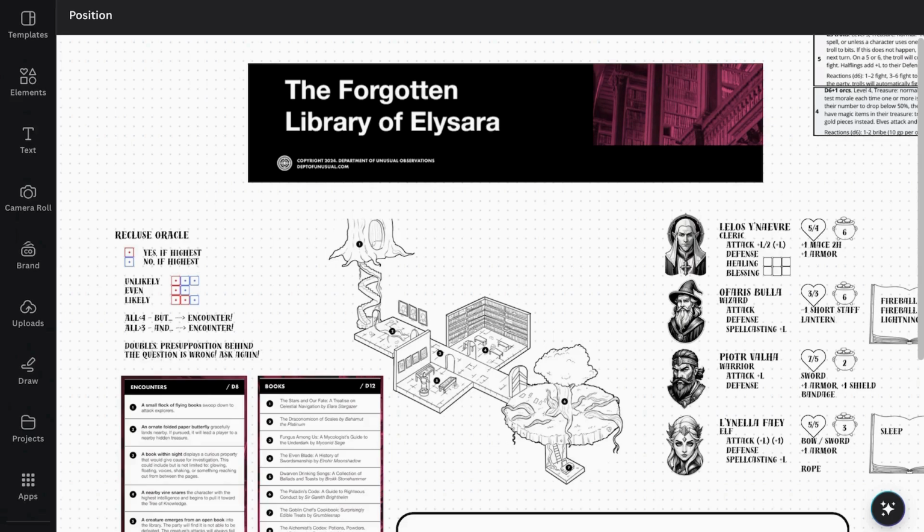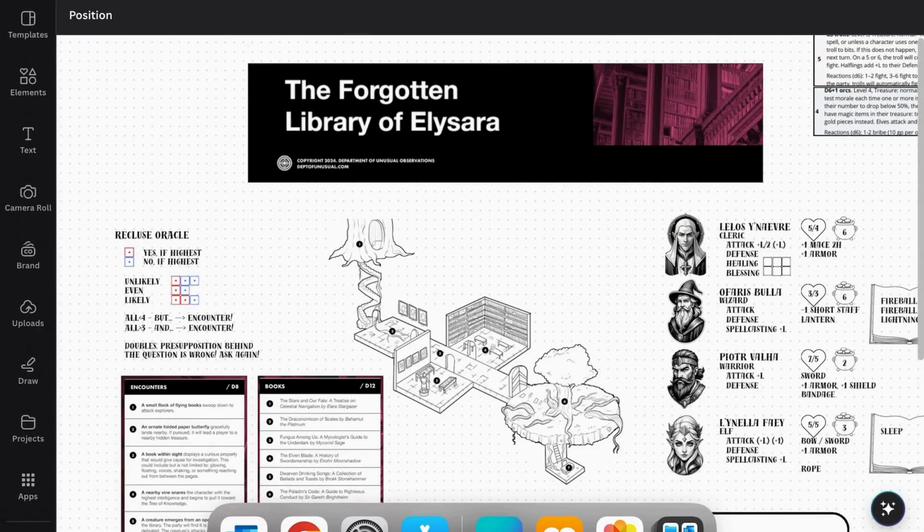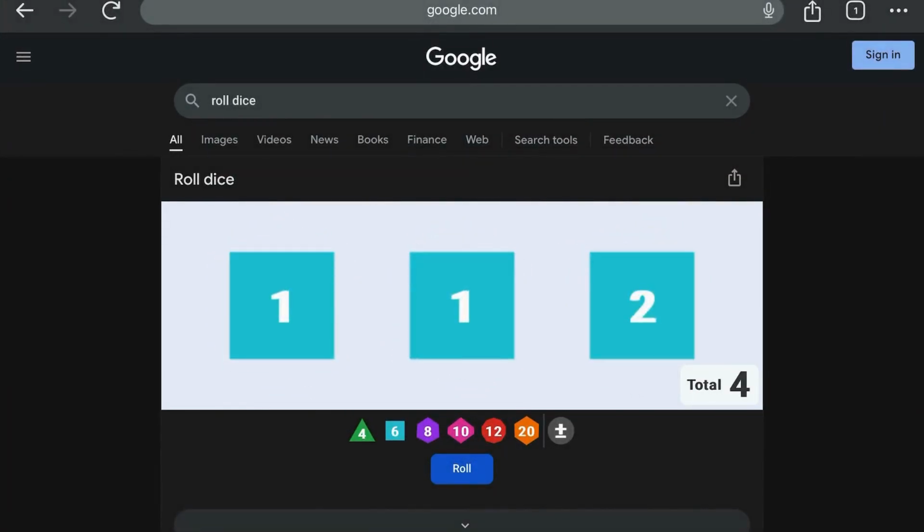Now it is Piotr's chance, but Piotr is a warrior, not really into these things like traps and reading and anything with riddles, so I think the chances are changing to unlikely. So 3 dice, first highest is yes, second, third highest is no. Does Piotr know the answer to this riddle? 1, 1, 2, really?